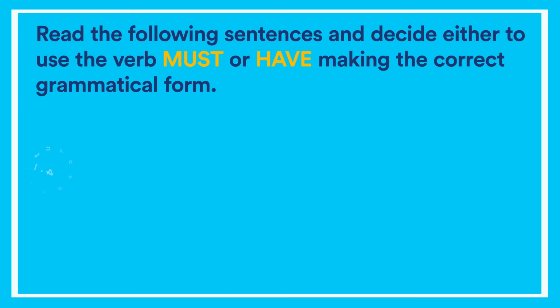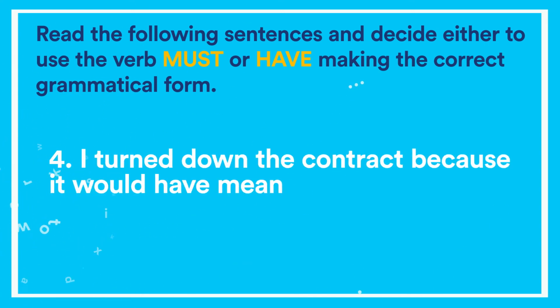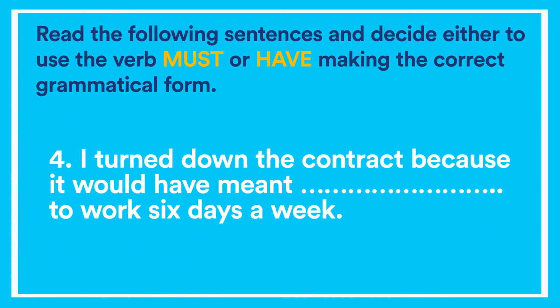Number 4. I turned down the contract because it would have meant to work 6 days a week. Use the verb having. I turned down the contract because it would have meant having to work 6 days a week.